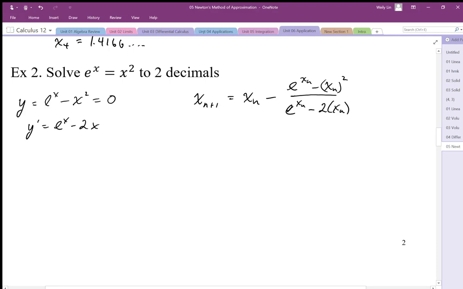And applying this formula, I can just calculate the first iteration. I'm just going to estimate, probably 1. 1's not a great estimate, but let's say 1. I'm going to use x equals 1 as my x1. So x1 equals 1. Then I can say x2 is equal to 1 minus (e to the 1 minus 1 squared) over (e to the 1 minus 2 times 1). Let's calculate that.